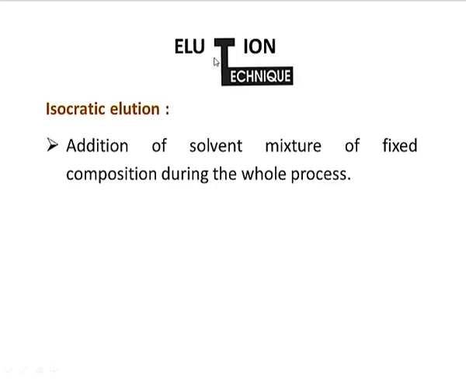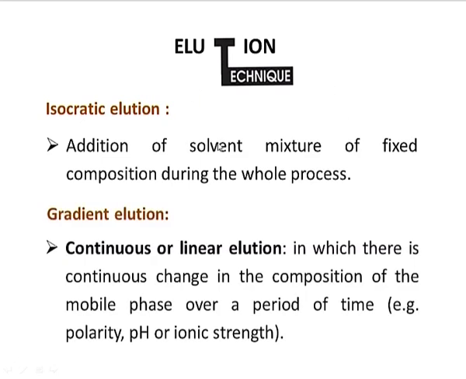In the first case, we ran the solvent with 100% hexane. In the second case, we ran that TLC with 50% hexane and 50% ethyl acetate, and in the last case, it was run with 100% ethyl acetate. The second is gradient elution, and gradient elution again can be continuous.